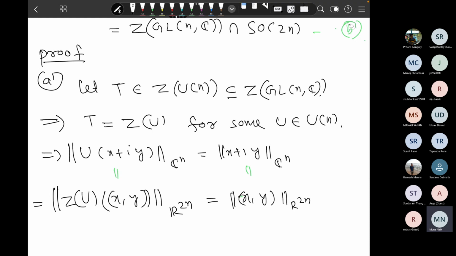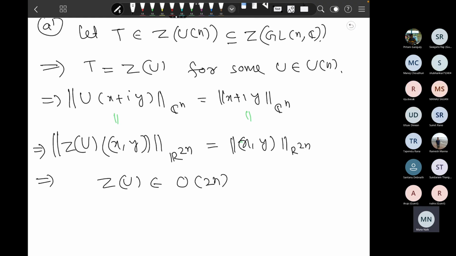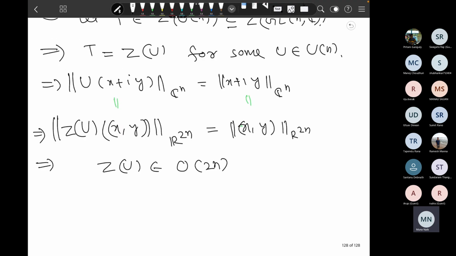So this is equal to this. So Z(U) preserves the norm on R^2n, and that implies Z(U) belongs to O(2n).